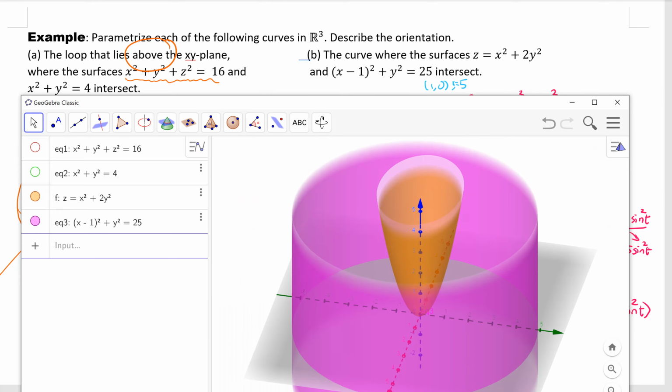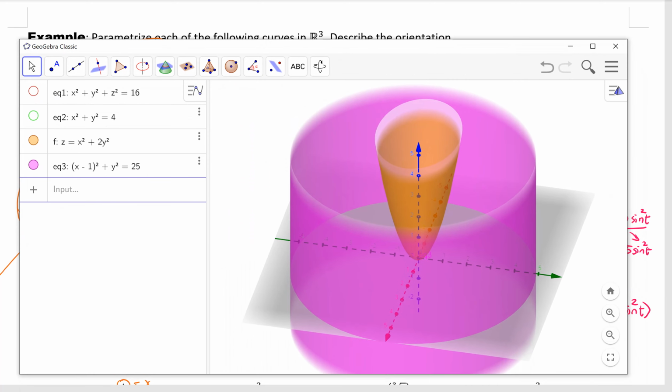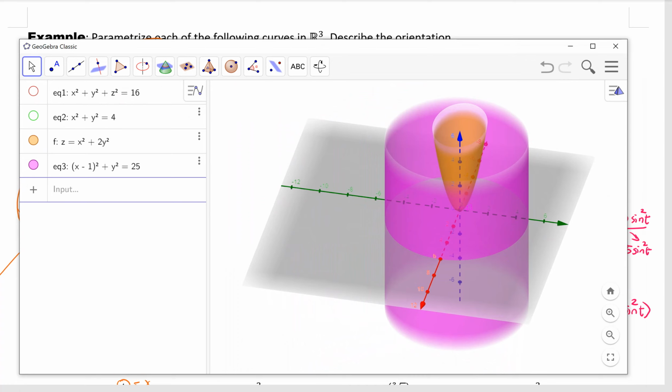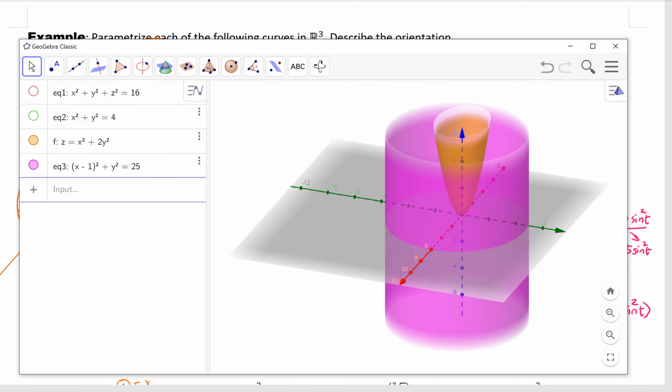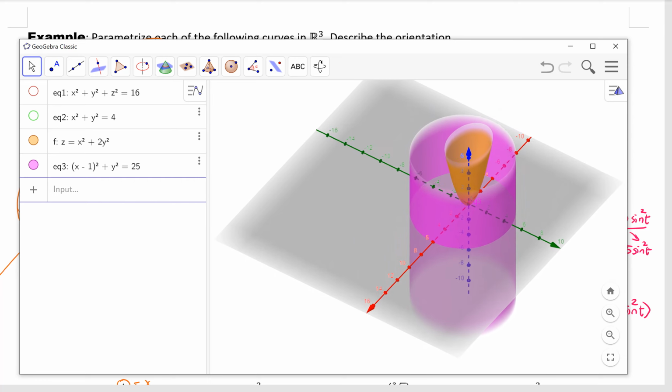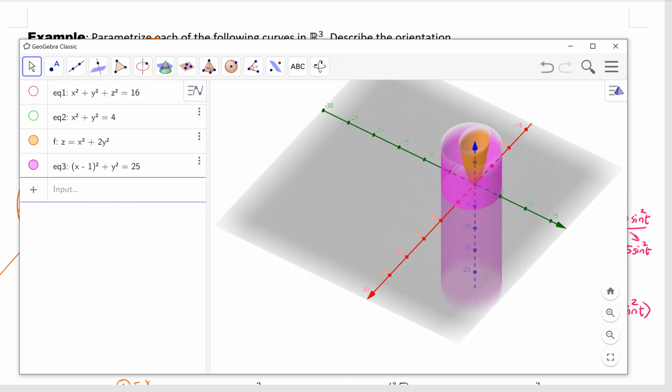Okay, so we can now zoom out. This is quite big, right? So let me zoom out more.